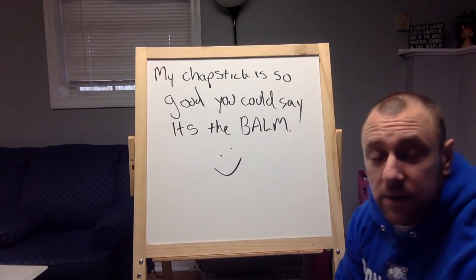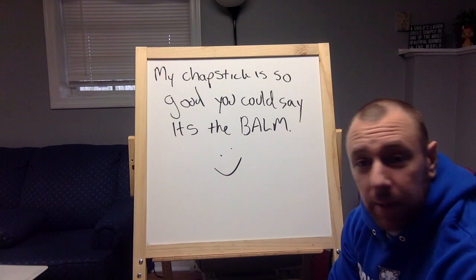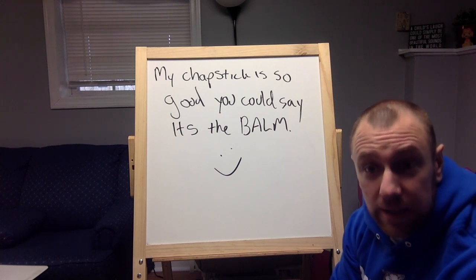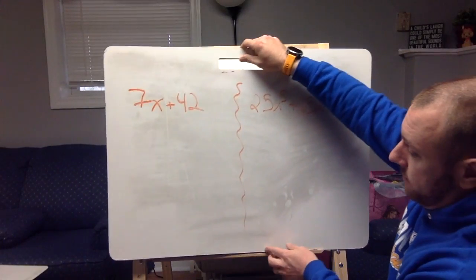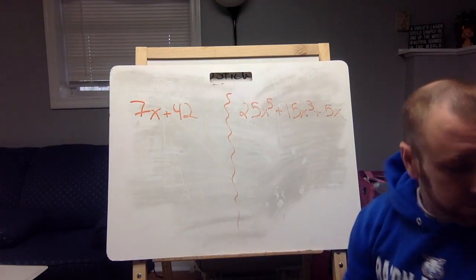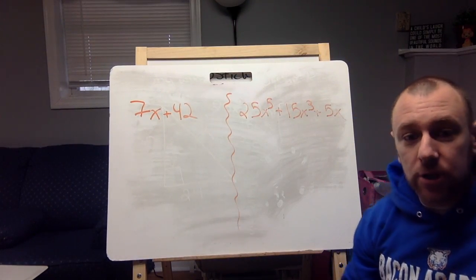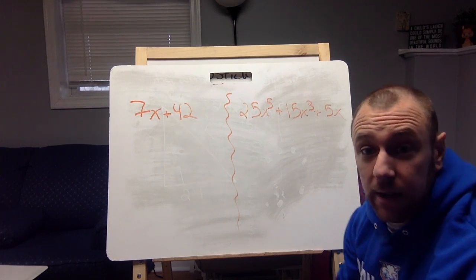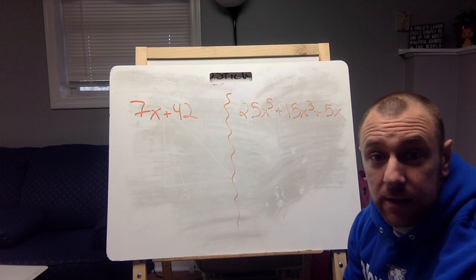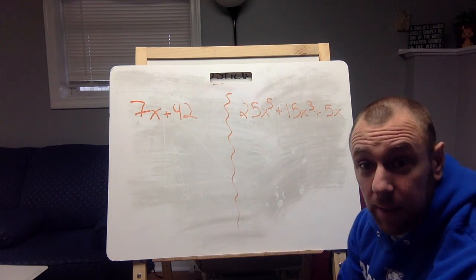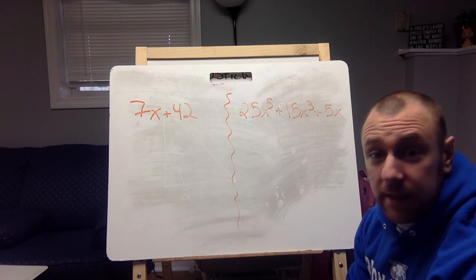So, the first part of this lesson is all about factoring out the GCF. So, what is that? Factoring out my GCF means that I'm basically undistributing things. If you look at this first problem, it's 7x plus 42. You'll notice that both of them are divisible by 7.